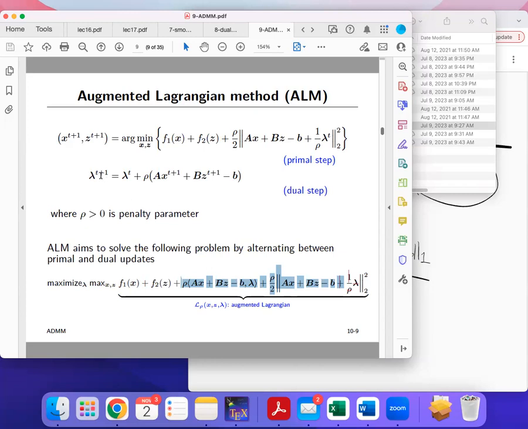That is exactly this update. Because this is quadratic, once you fix x and z, the only term with regard to lambda is here. So you can view it as a kind of gradient method applied to lambda.